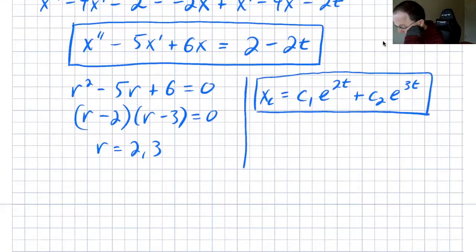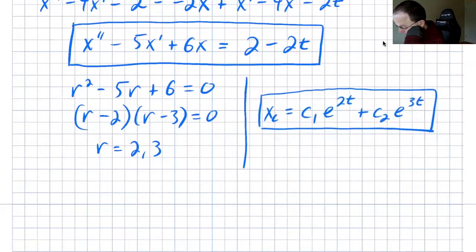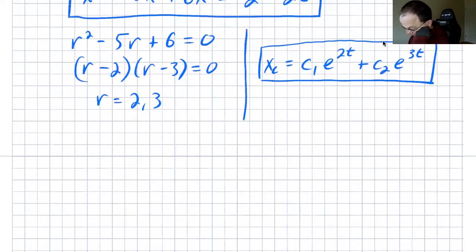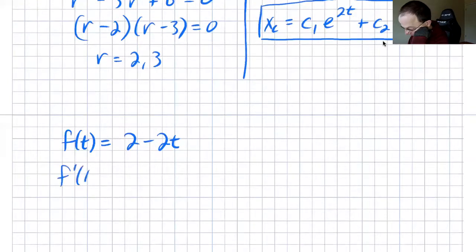And now we need to find a particular solution. And in order to do that, we need to use the method of undetermined coefficients. So we need to take this right-hand side and look at all the terms that are appearing in this function and in all of its derivatives as well. So the function is f of t is equal to 2 minus 2t. And if I take the derivative of that, then I'm going to get negative 2.